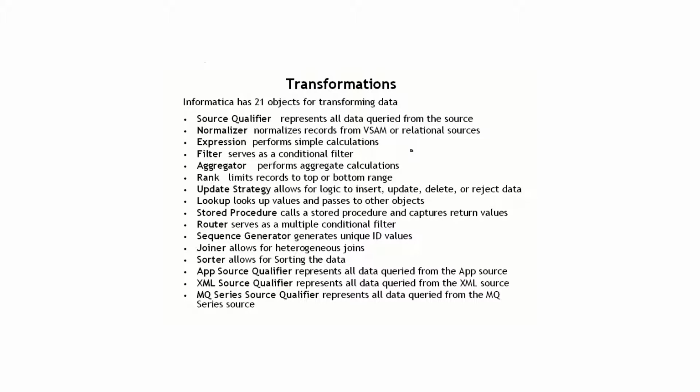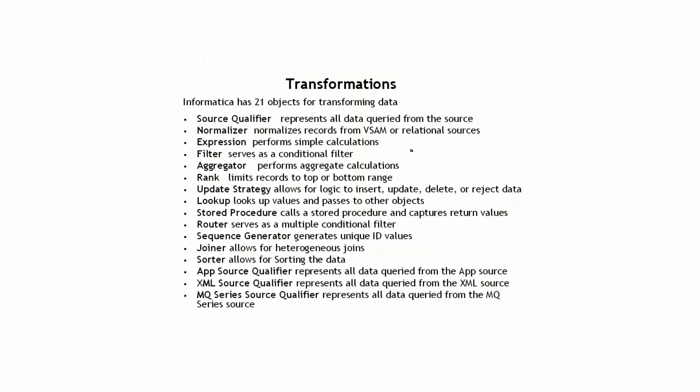On the data, lookup looks up for values; stored procedure executes a stored procedure from Informatica; the router filters the data, restricts the data, and loads the data into multiple targets. Sequence generator is for our surrogate keys, sequentially generated numbers. Joiner, when your sources are two tables, or a table and a flat file, or two flat files.